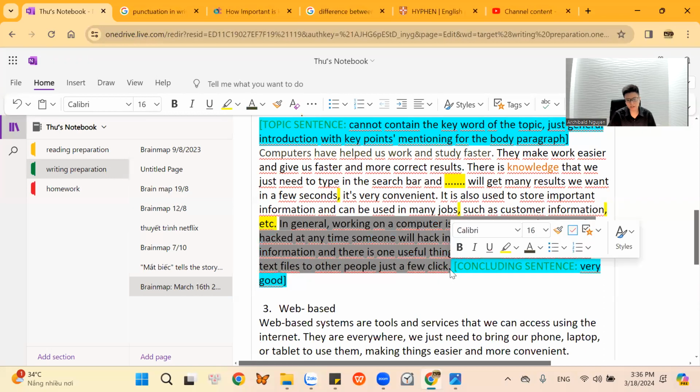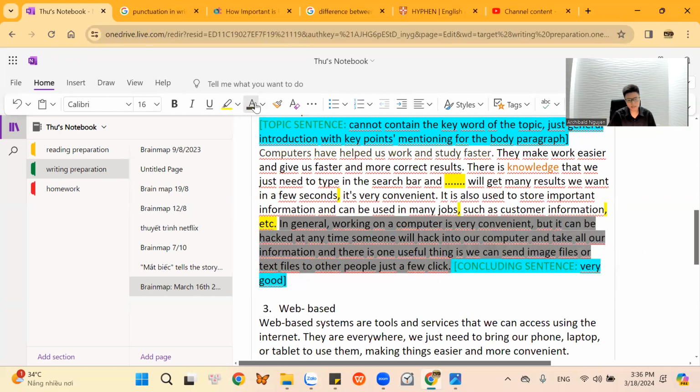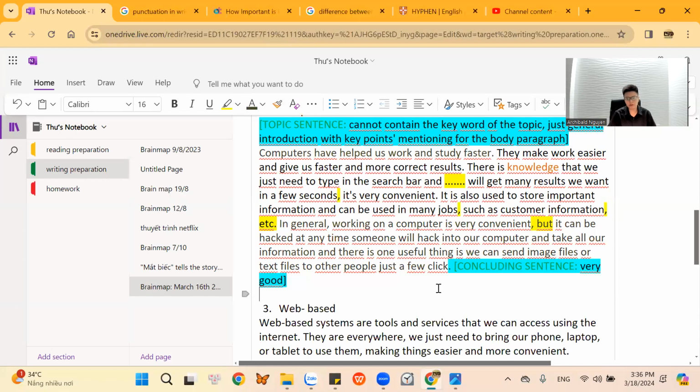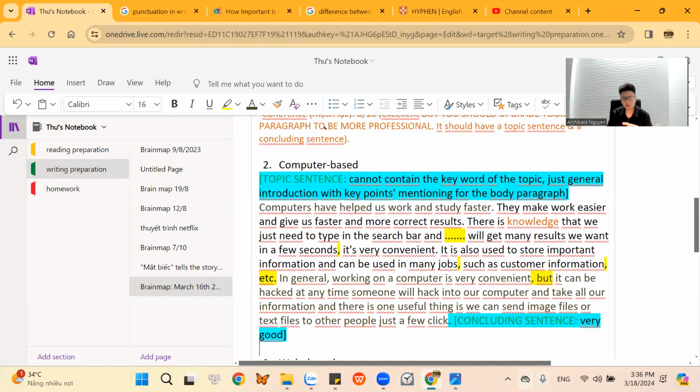This is the concluding sentence. Very good. In this paragraph, we can easily find the outline, and we can guess the general meaning of the paragraph.